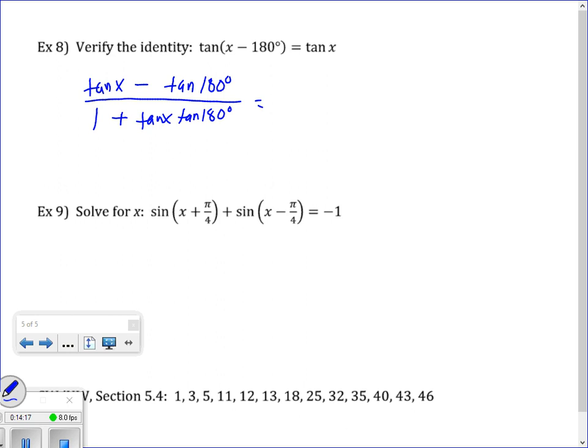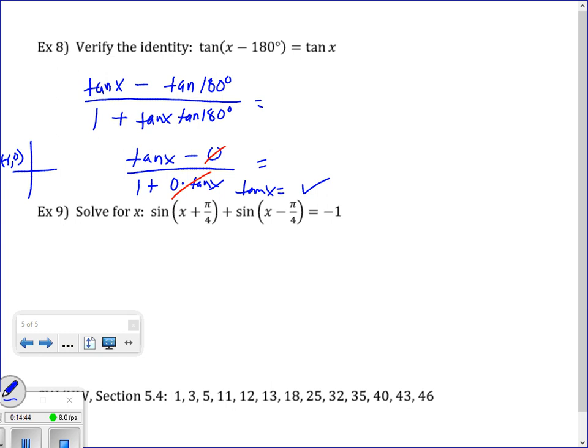All right, so 180, let's see, 180 is negative 1, 0. So the tangent would be the sine over the cosine, so the tangent would be 0. So I get tangent of x minus 0 over 1 plus 0 times tangent of x. So you can see that this is gone, that's gone. So it's just tangent of x. And that's it.